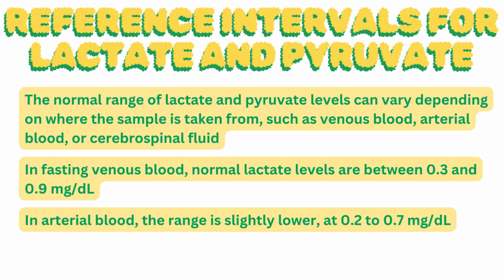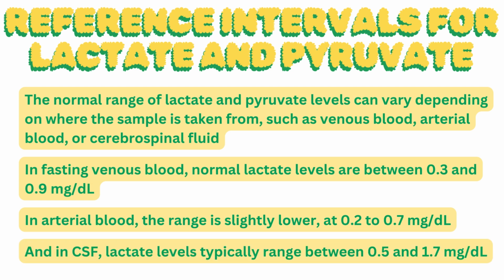In arterial blood, the range is slightly lower, at 0.2 to 0.7 mg per deciliter. And in CSF, lactate levels typically range between 0.5 and 1.7 mg per deciliter. Knowing these reference intervals helps clinicians determine whether a patient's lactate or pyruvate levels are within normal limits or indicate an underlying issue.